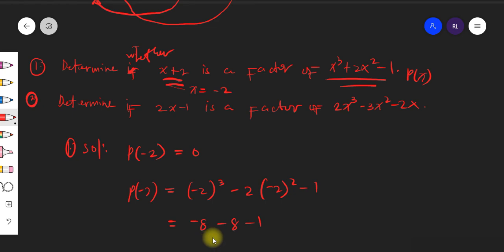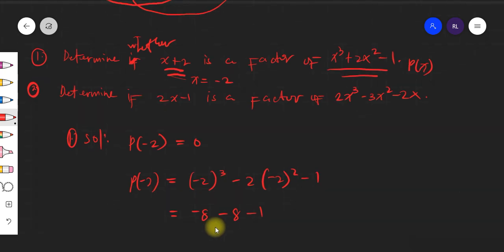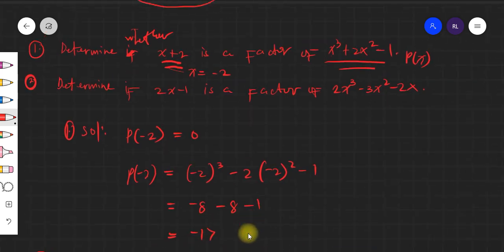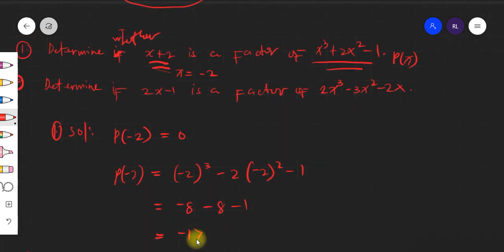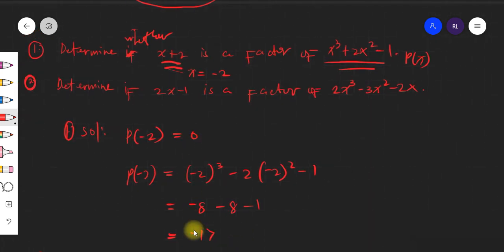So basically this is not 0, this is negative 1. Since the remainder is negative 1 and not 0, therefore x plus 2 is not a factor of p of x.